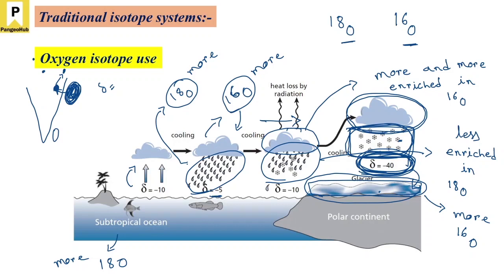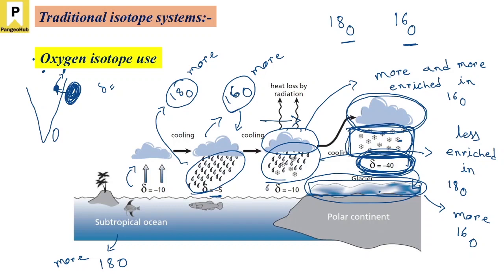It is not like that I will only take the lighter ones, leaving every heavier one. They will also contain the 18O, but the amount of 16O will be higher than the 18O in the cloud, because the evaporation will fractionate the thing, what we know as Rayleigh fractionation.